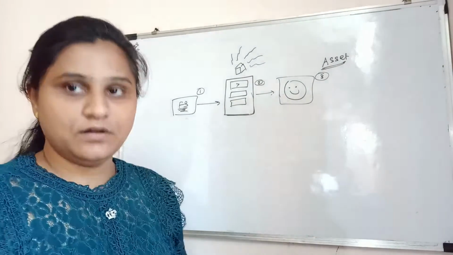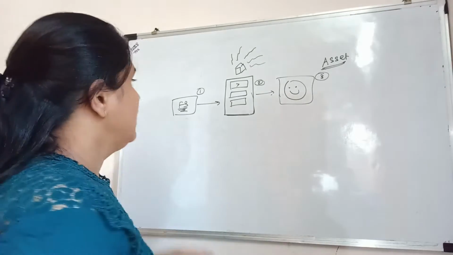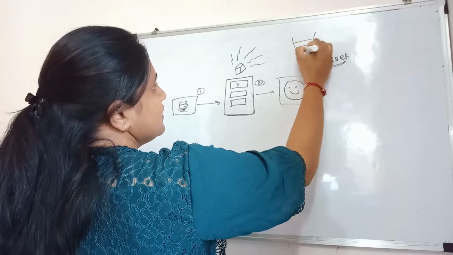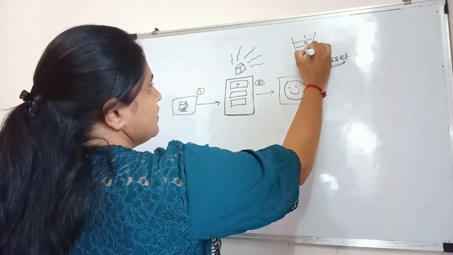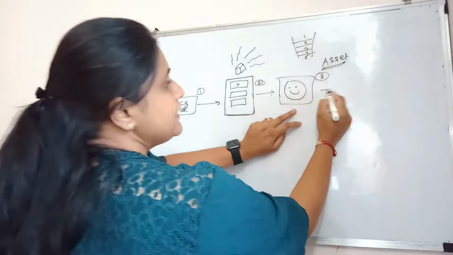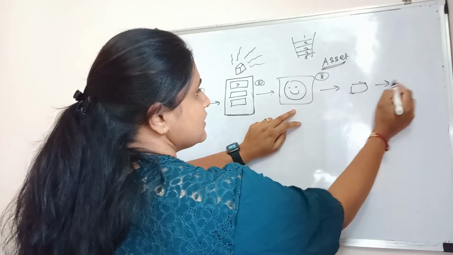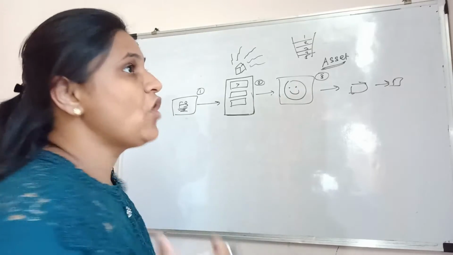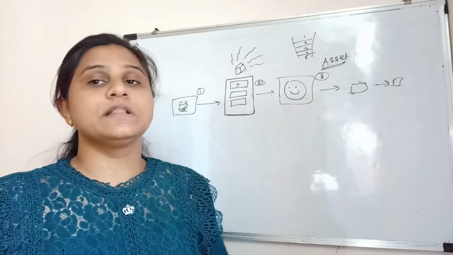Now when we talk about the funnel, you can see here, you can add multiple stages. This is at the smaller level, but what happens when we go to the bigger level?